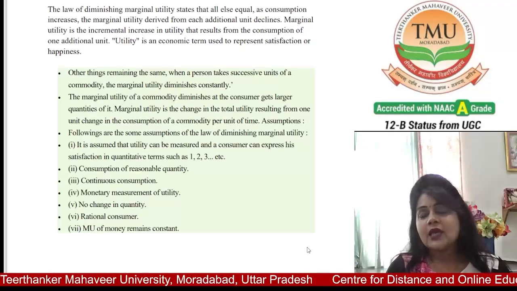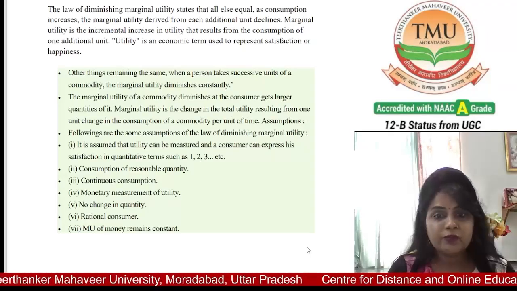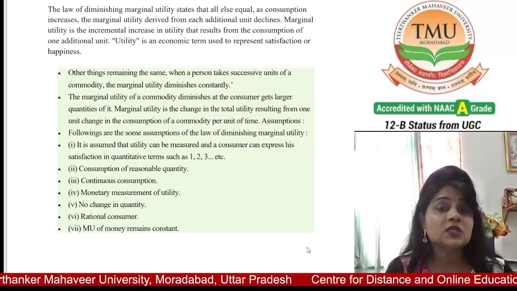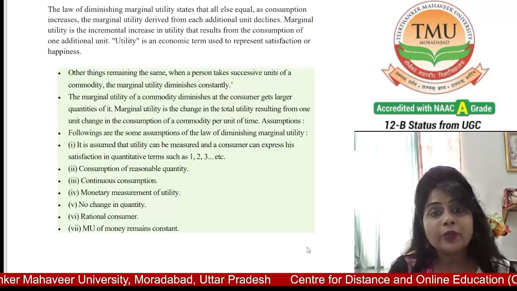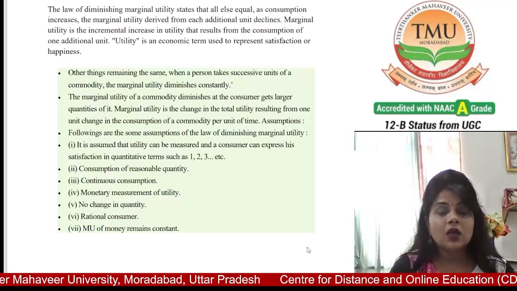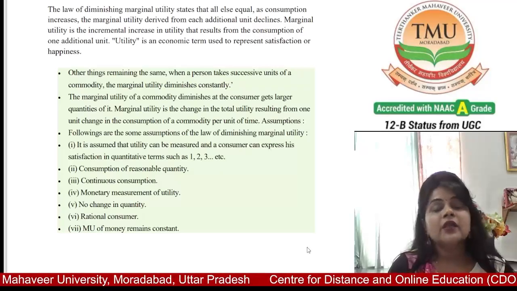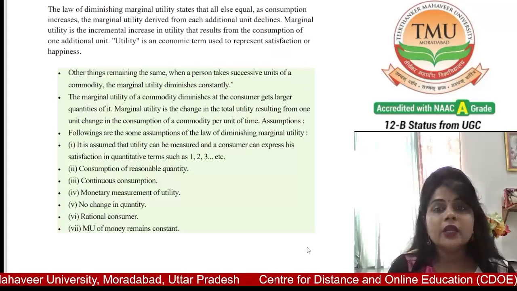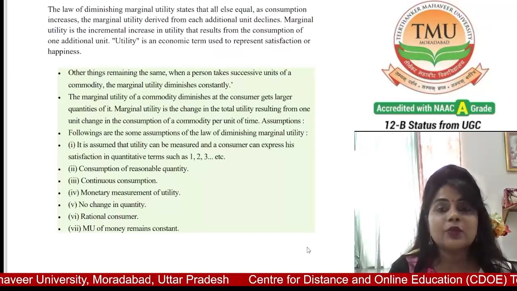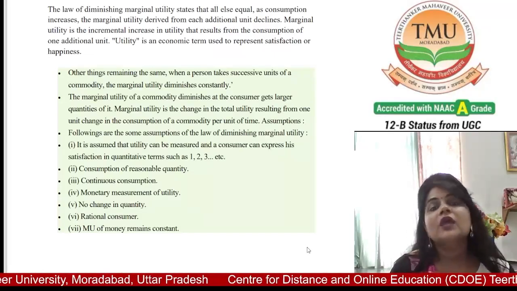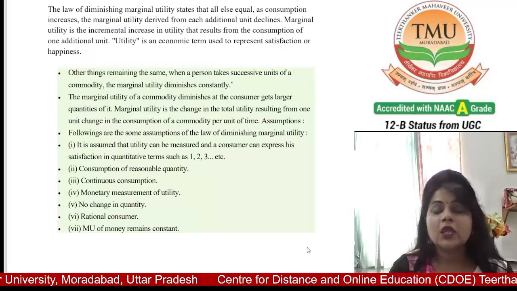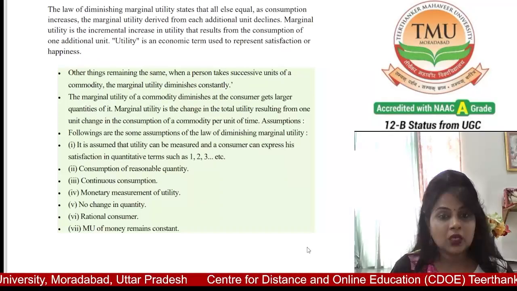As in the previous video, I have also discussed the cardinal utility approach, which is given by Alfred Marshall. This approach is based on the law of diminishing marginal utility. In it we can measure utility in numerical terms: 1, 2, 3.